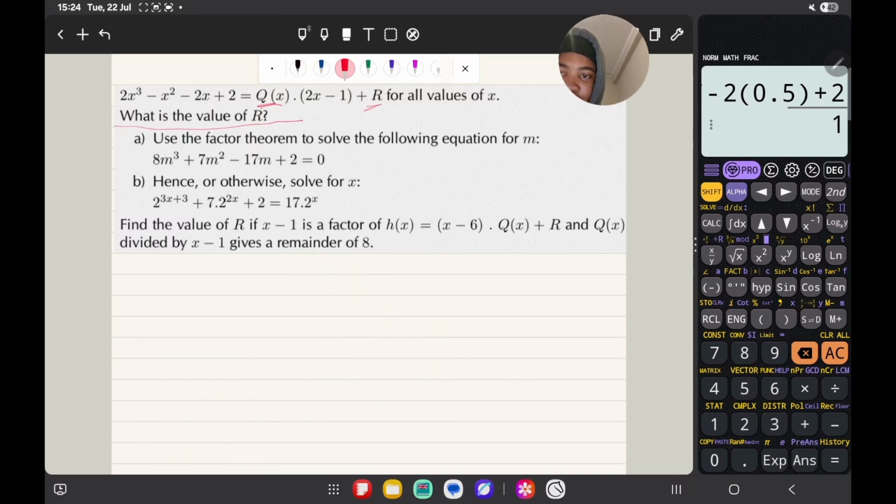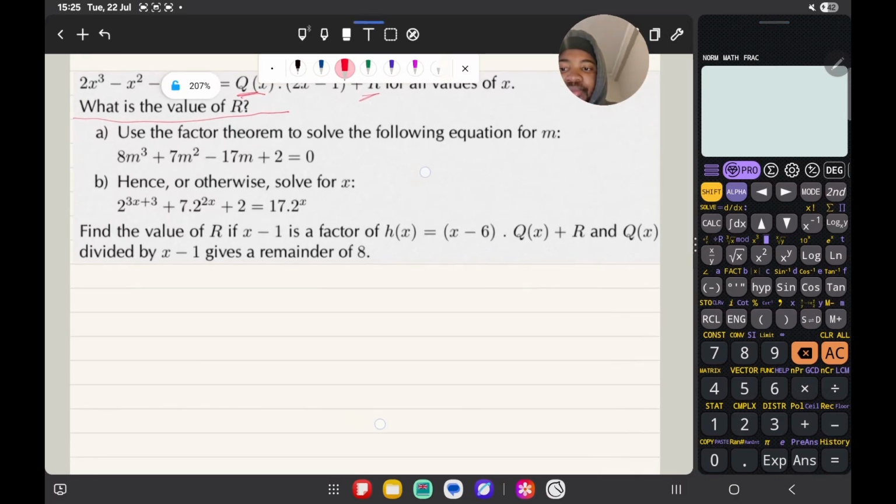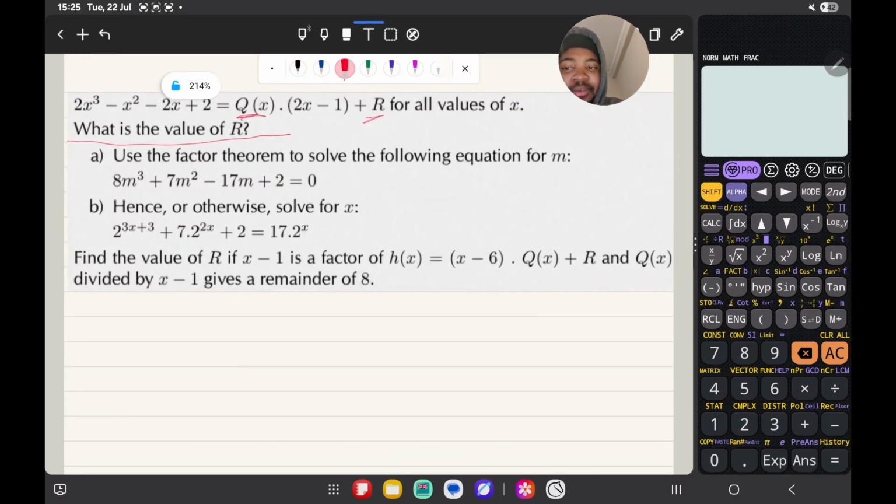And then here they say use the factor theorem to solve the following equation. So you're solving for m here. So factor theorem, how you do it, right? We're gonna try to find the factors of that. So you could say 8 plus 7 minus 17 plus 2, right?